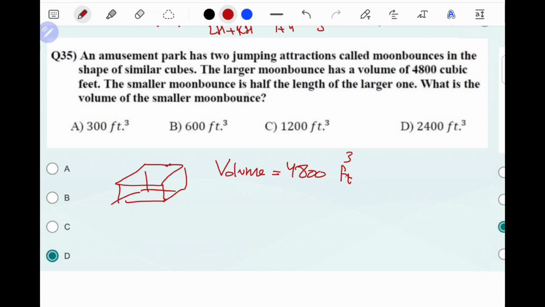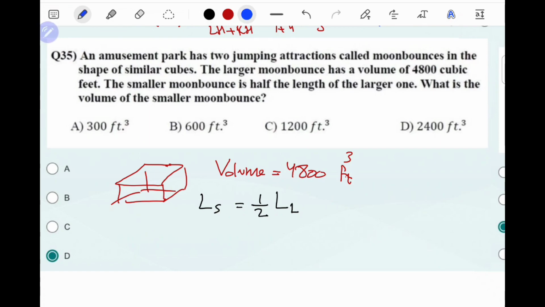The smaller moon bounce is half the length of the larger one. So the length of the smaller moon bounce is just half the length of the larger bounce. So what is the volume of the smaller moon bounce?